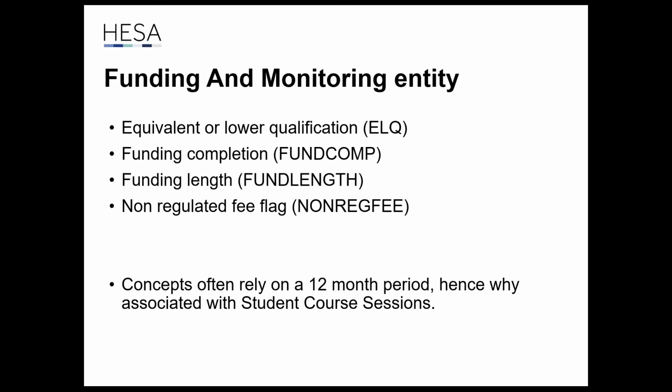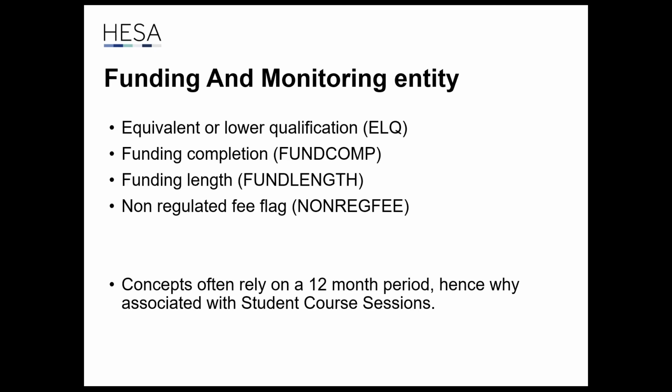One thing to note on this entity is these are 4 examples, but there are other ones as well after student core session. They all rely on a 12-month period because students get funded once a year when they get their fees, and that's where everything's sat. So it's sitting against the student core session for that reason.